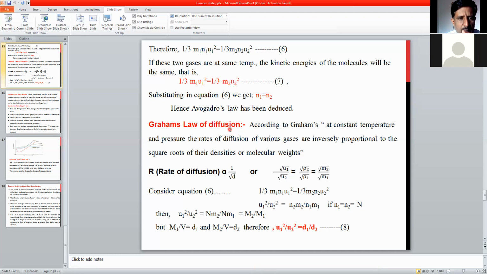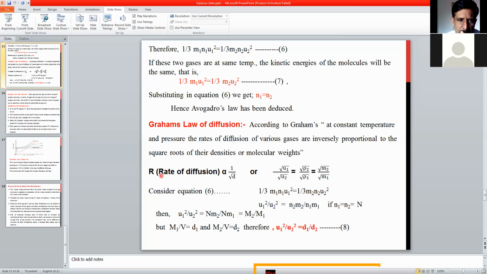These factors may be molecular weight, density, or temperature, but the diffusion of gases depends upon their physical properties. Graham suggested that at constant temperature and pressure, the rate of diffusion for various gases is inversely proportional to the square root of their densities or square root of their molecular weights.